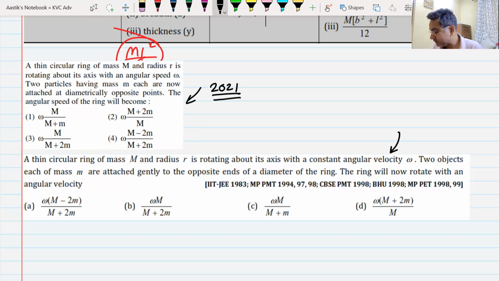Same, na? Even the language is the same. They have not even changed the language of the question. Because they will not do that.